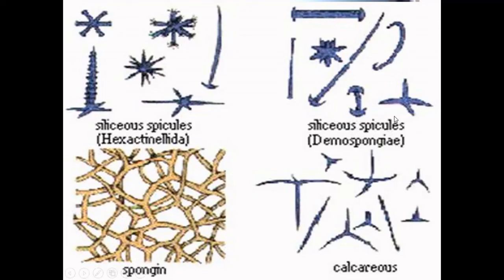Okay, we have the siliceous spicules also from Demospongiae and calcareous, made up of calcium carbonate. So kung ang spicules is made up of calcium carbonate, that is calcareous spicules.